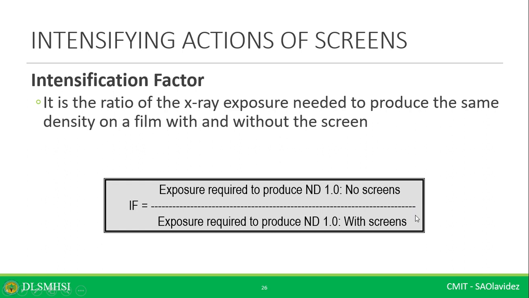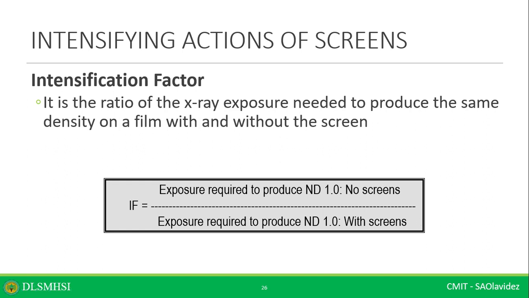So practically what you are doing here is comparing the two exposure factors, one when you have taken a particular image without an intensifying screen, and the other when you use the intensifying screen.